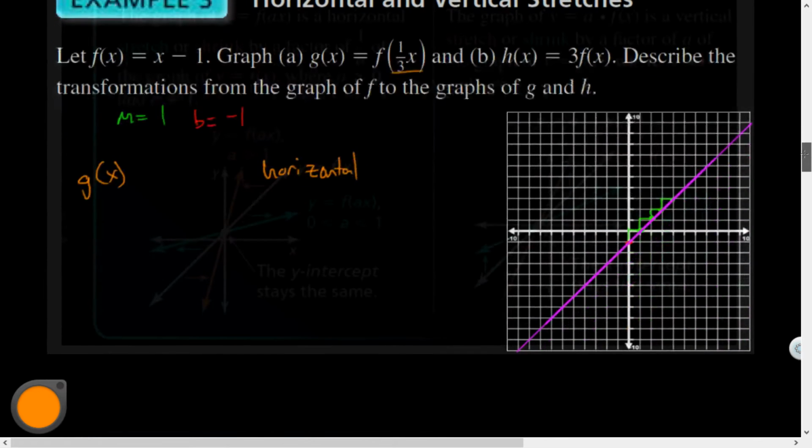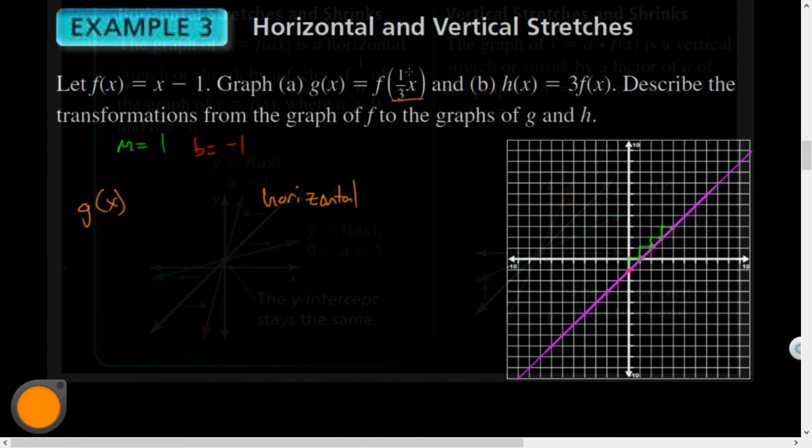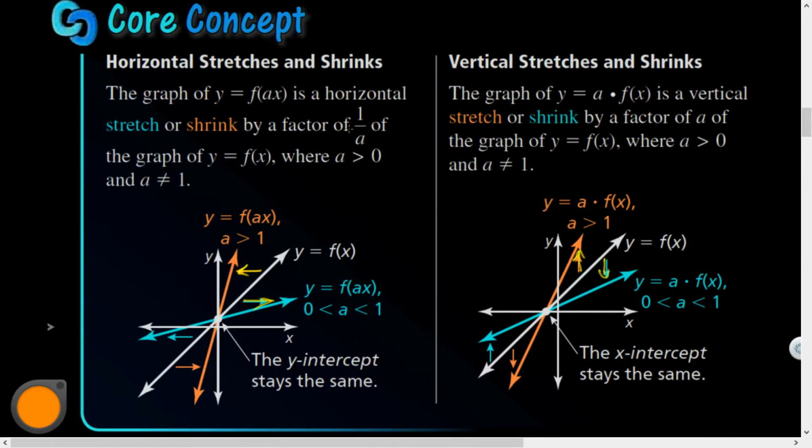So the question is, 1/3, where's 1/3? 1/3 is between 0 and 1, so this will be a horizontal stretch. And the horizontal stretch is going to be, this is where it says, by a factor of 1 over a, where a is that number.